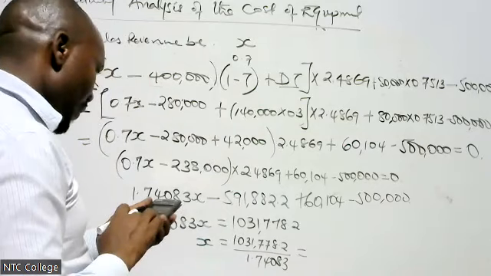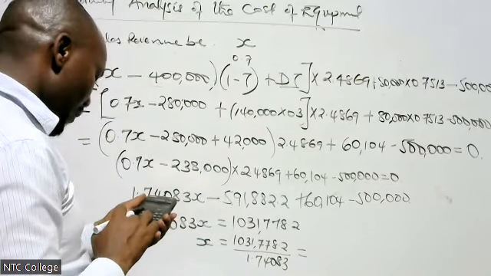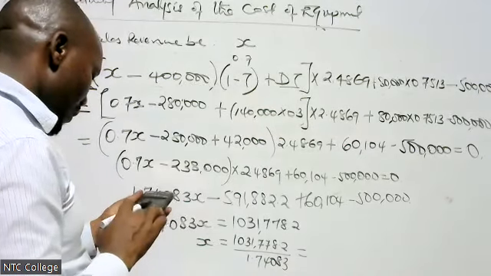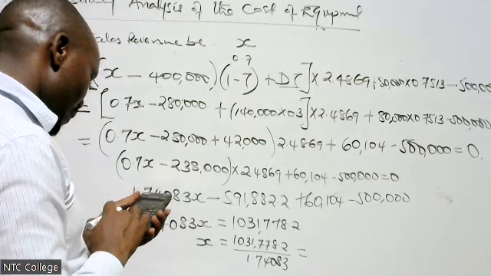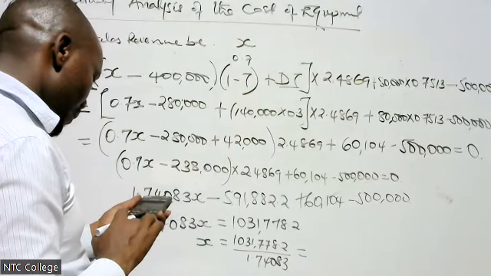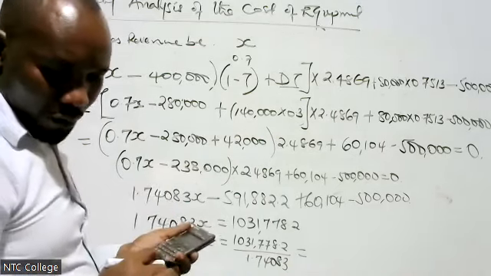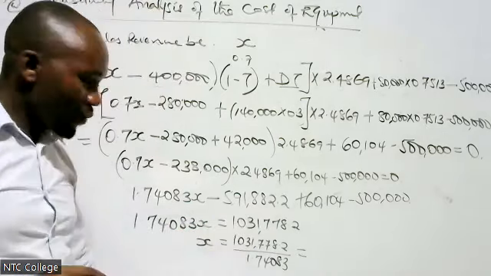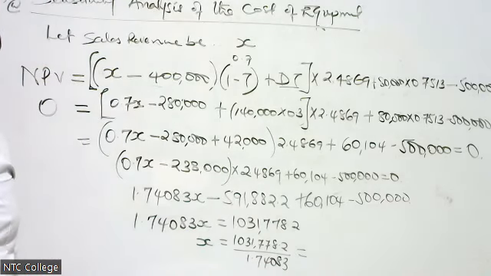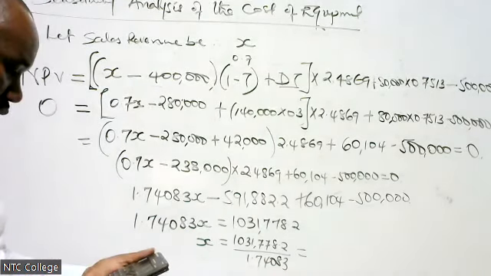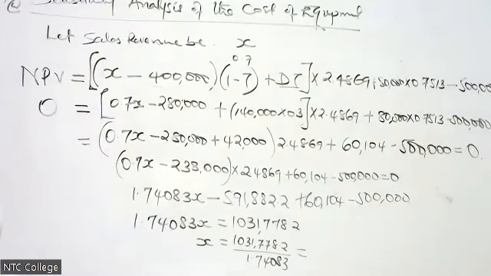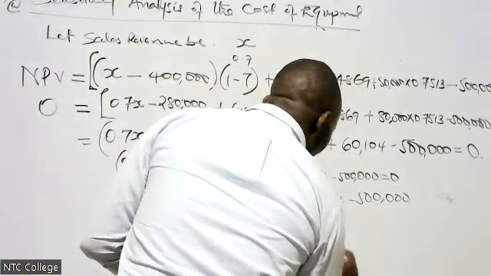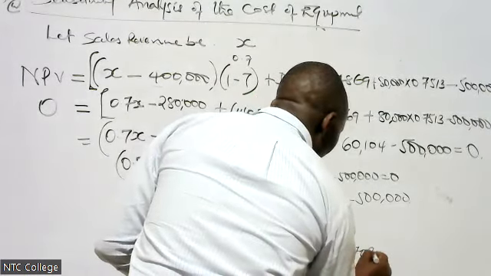So that one divided by 1.74083. So we are getting 5. What are you getting? When you divide these two, what are you getting? 592,703. So 592,703.